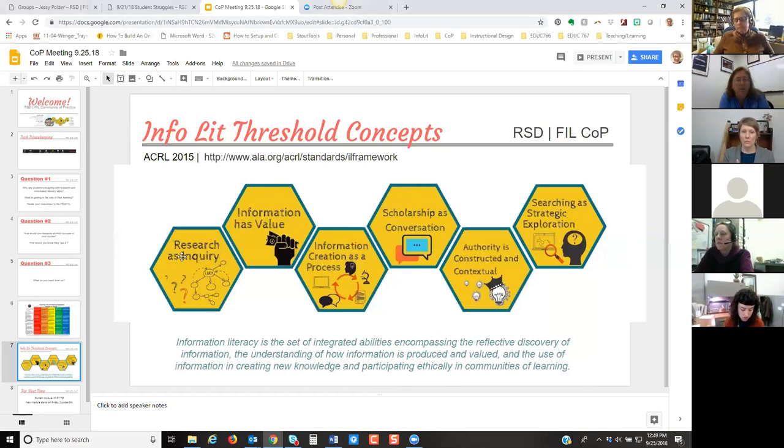How do you know when a student is starting to look at research as inquiry and not as just finding a thing that answers my question? There'll be some decent ideas in that list. We won't talk about tools so much as attributes that you would see in a student.